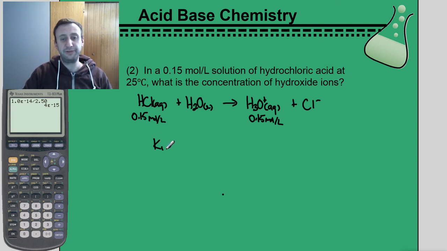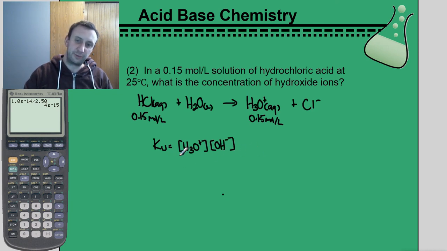So we would start out by saying Kw is equal to hydronium multiplied by hydroxide. I'm trying to solve for hydroxide, so I'm going to divide by hydronium on both sides, because that's what I have.